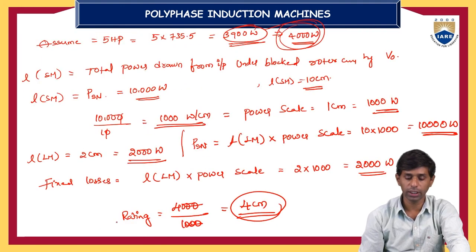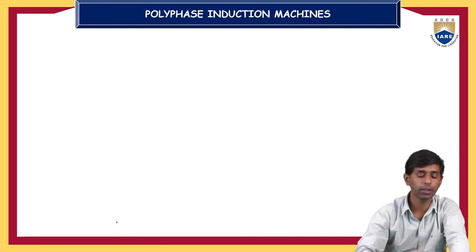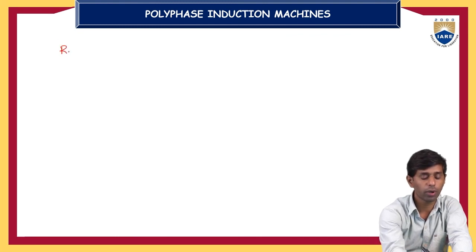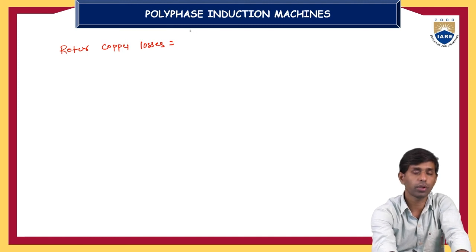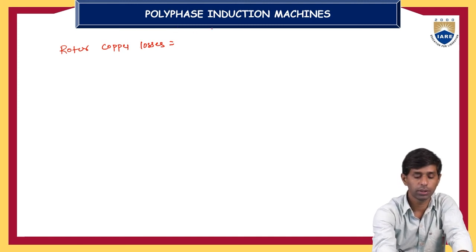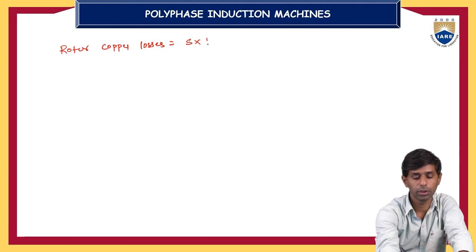So once you know all these losses at the full load point, what is the formula for rotor copper losses? Slip times the rotor input.